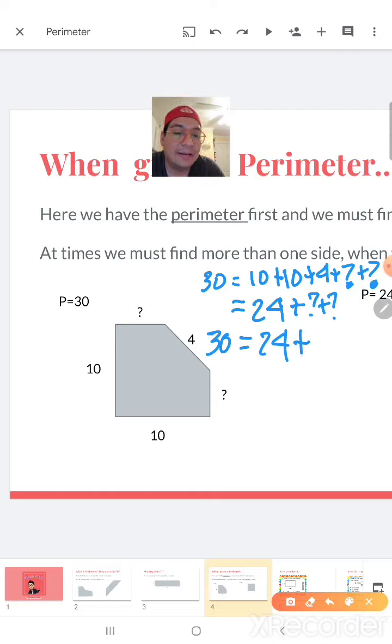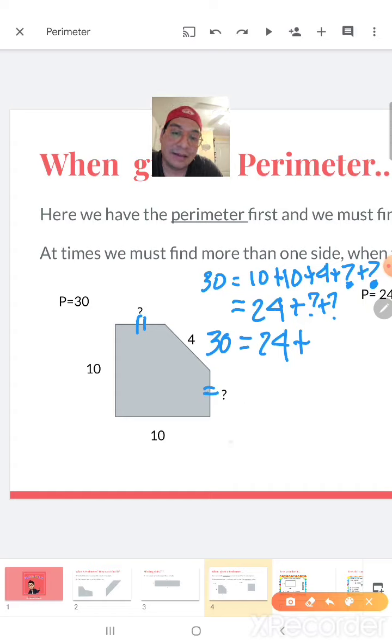What do I need to add? 6, right? So if I need 6 and I have 2 missing sides, and they look pretty much equal, don't they? This one and this one look the same. They look equal. So this number and this number have to be the same, and what I'm missing here to make 30 is 6.